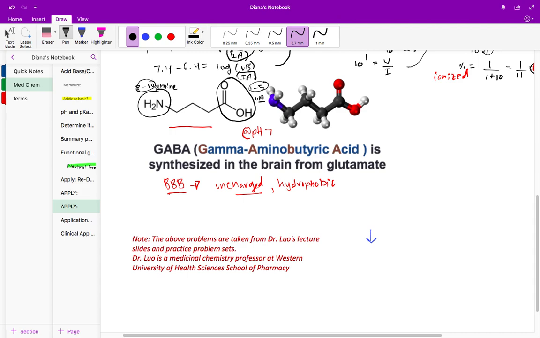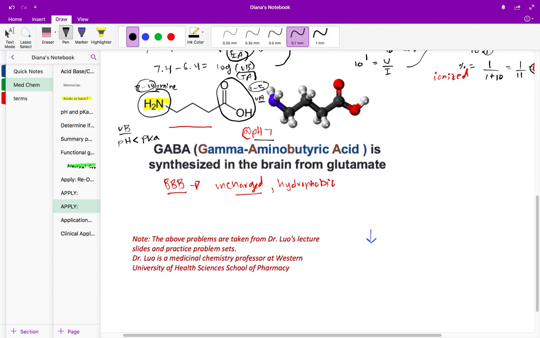So this is review, but if you look at your amine, and let's focus on that. For the amine, we're looking at an unionized base. And for this unionized base, we are now going to compare the pH to the pKa. So we're talking about physiologic pH. In this case, the pH of 7 is less than the pKa of 8 to 10.